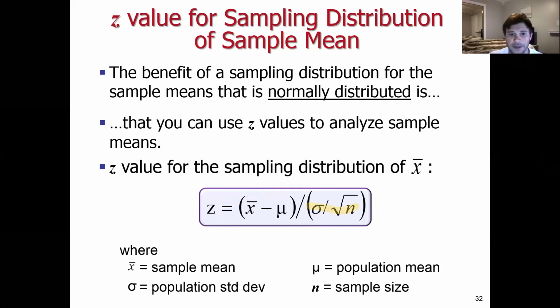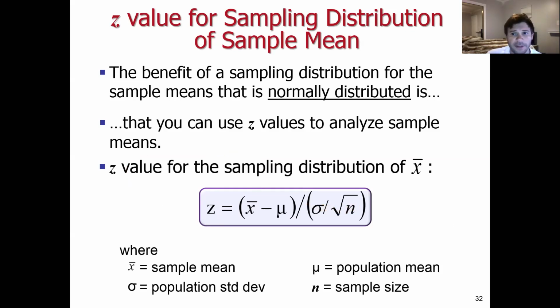And so instead of x minus mu just over sigma, we're also dividing by that standard error, the standard deviation of the sampling distribution instead of the standard deviation of the population. Why? Well, because we're using the sampling distribution in this case.